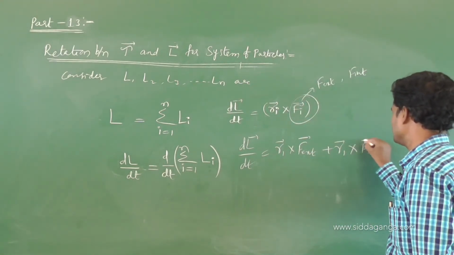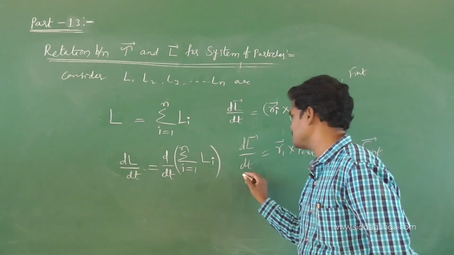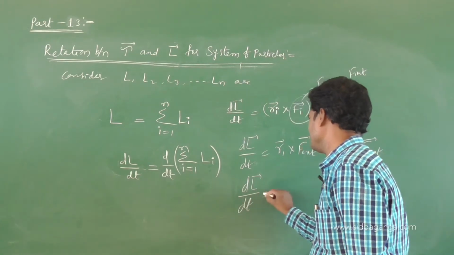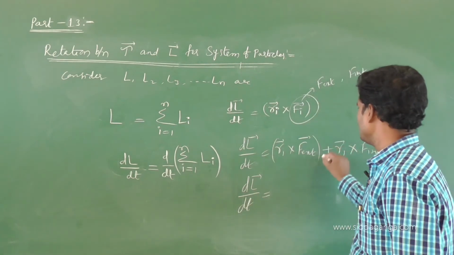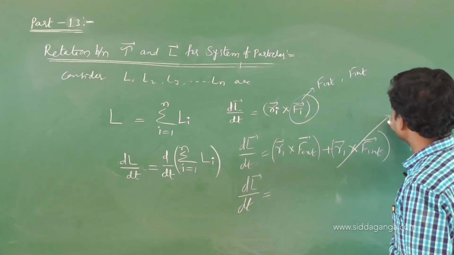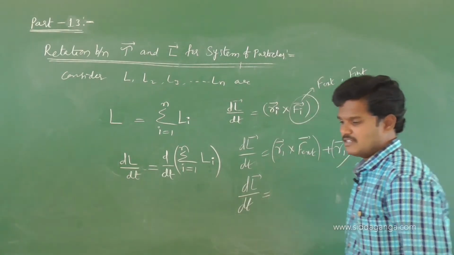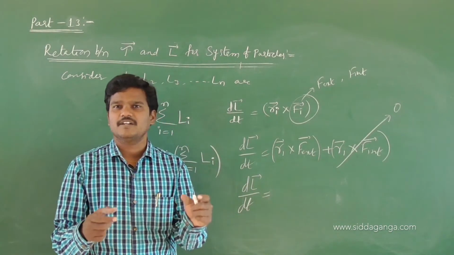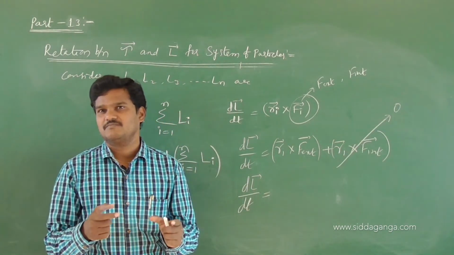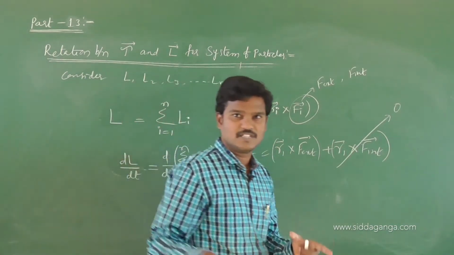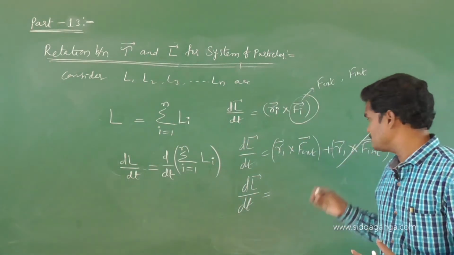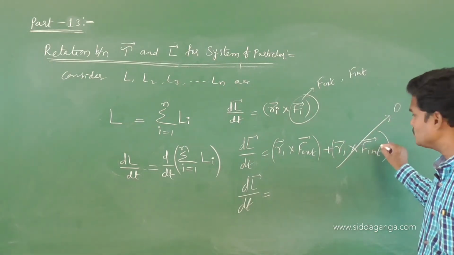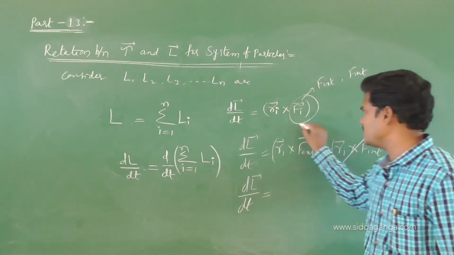Previous derivation is enough, I am just giving the idea of systems of particles. But these internal forces are zero. Why? Because from Newton's third law, each particle creates action and reaction forces that cancel. So internal forces are nothing but action-reaction forces, and they will cancel with each other.